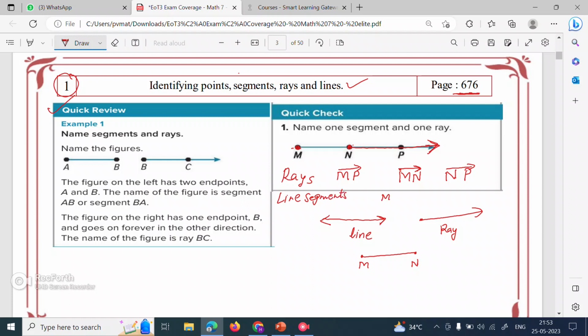You take the starting point and the end point, and you put a dash on M and N both. No arrow, because we have starting point M and end point N. Or you can write the same as N and M. You can start from N and end at M. That is the same thing. So this is question number 1.